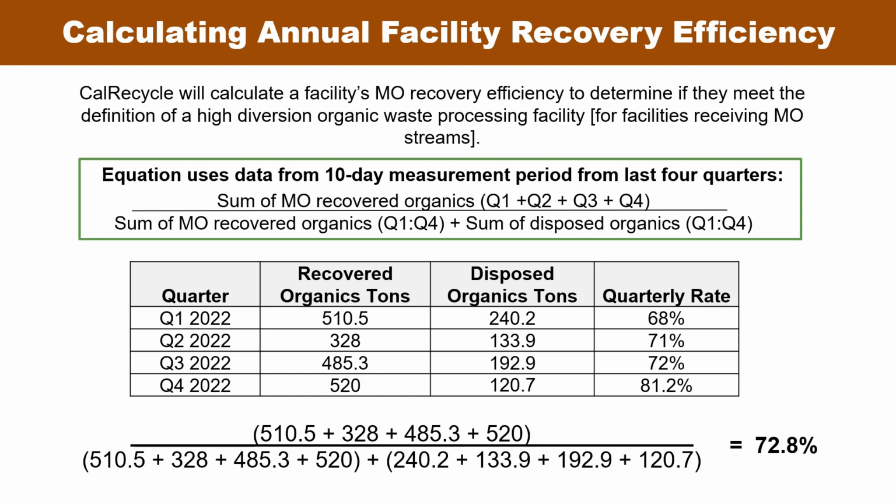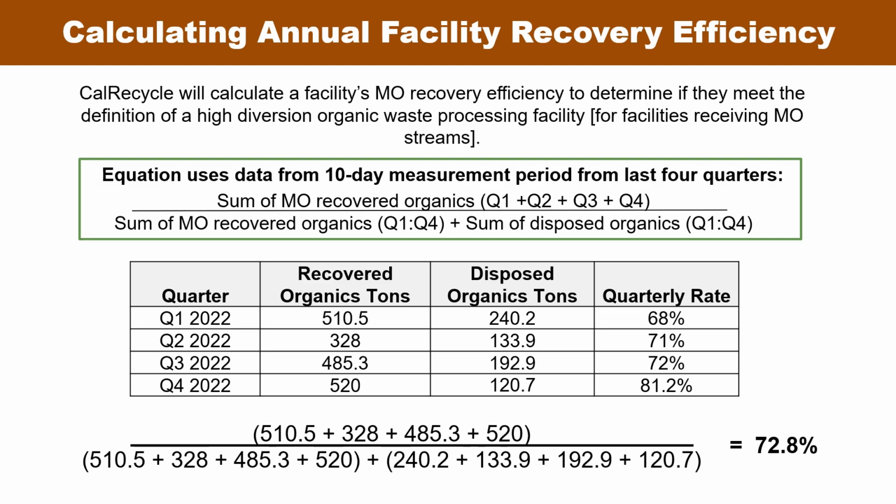Because Trash City handles and reports on a mixed waste organic stream, this means that CalRecycle will be evaluating the facility to see if they meet the definition of a high diversion organic waste processing facility. This calculation uses the 10-day measurement period data only, and it uses that data from the last 4 reported quarters.